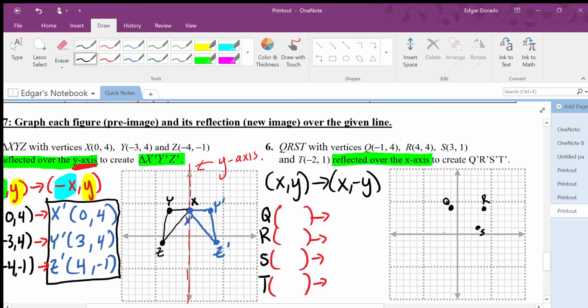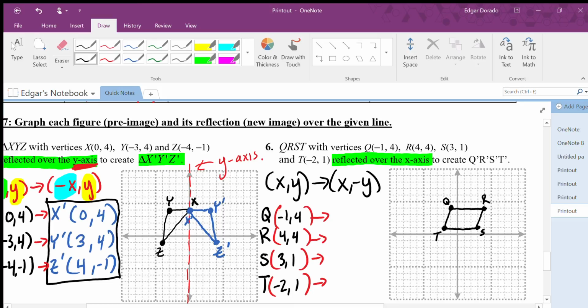And T is -2, 1. So right there. There we go, so we have our original. Let me make sure we have the correct coordinates once again. We have -1, 4, 4, 4, 3, 1, and -2, 1.